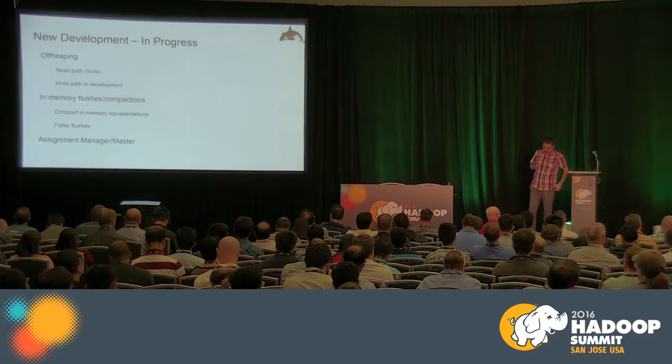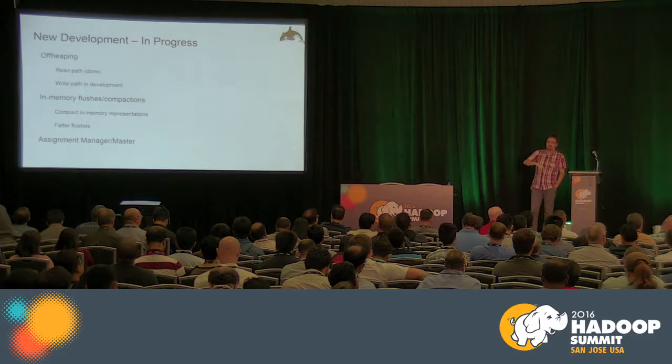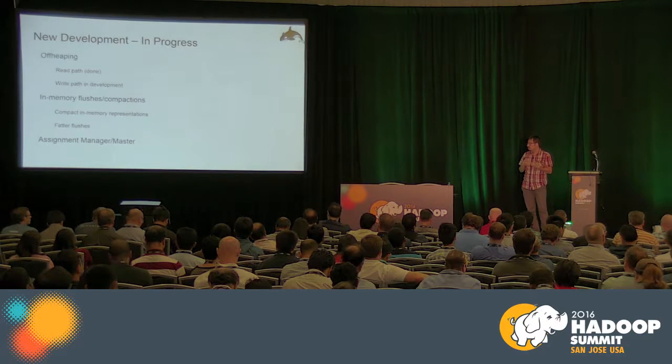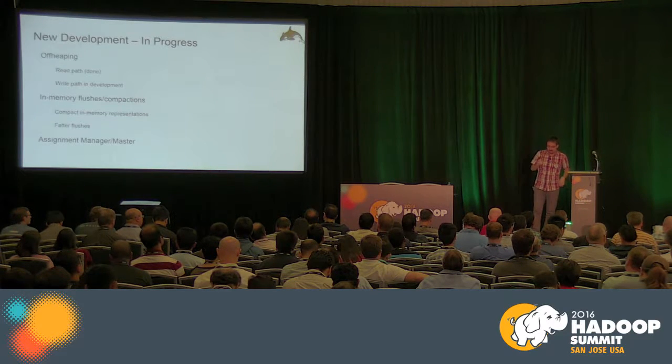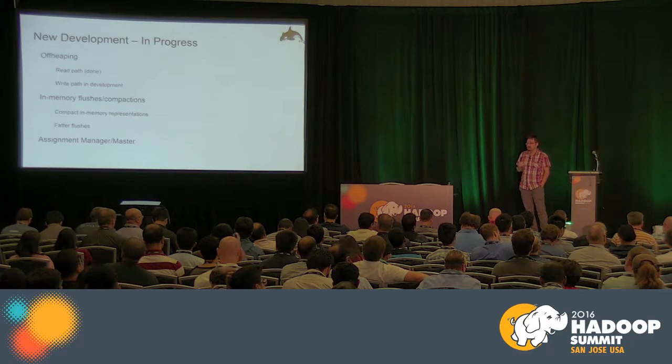But with this new work in 2.0, the read path would be completely working from the off-heap cache. The key values are completely backed by the off-heap data structures, so that there's no copying from off-heap to on-heap back and forth. This helps a lot with the performance.